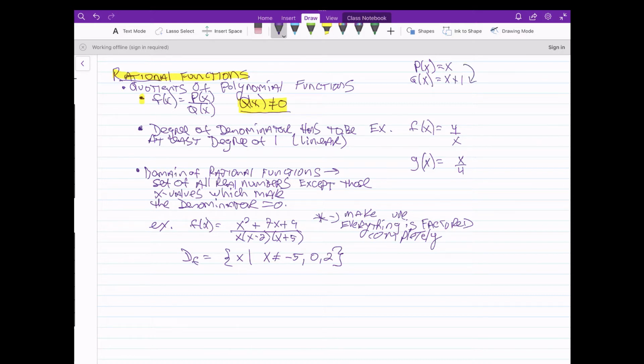These are two separate individual linear functions. And if we wanted to create a rational function, f of x would just be the quotient, the division, of both of these functions. So a rational function is nothing more than the division of two polynomial functions.